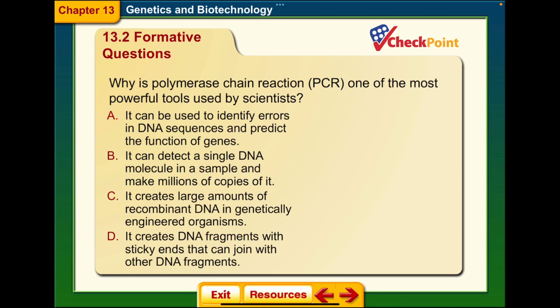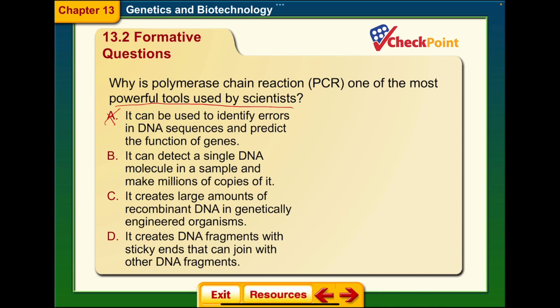All right, why is polymerase chain reaction, or PCR, one of the most powerful tools used by scientists? Let's look at A. It says it can be used to identify errors in DNA sequences and predict the functions of genes. Well, that is obviously a no, because let's review what polymerase chain reaction is.